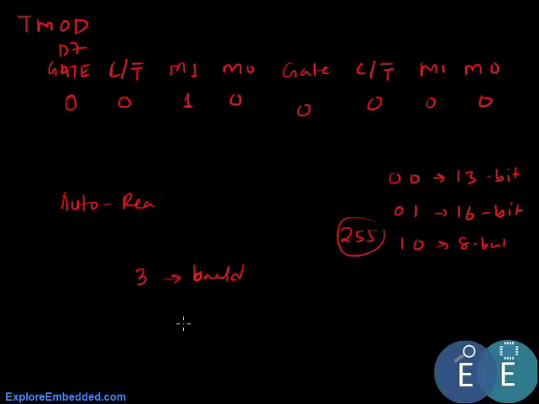Now what happens in 8-bit auto reload mode is, say we have 2 registers, TH and TL, both 8-bit. Whatever content we load in TH automatically gets loaded to TL, and when we turn on the timer it starts incrementing, and when it overflows, TH is reloaded back into TL.